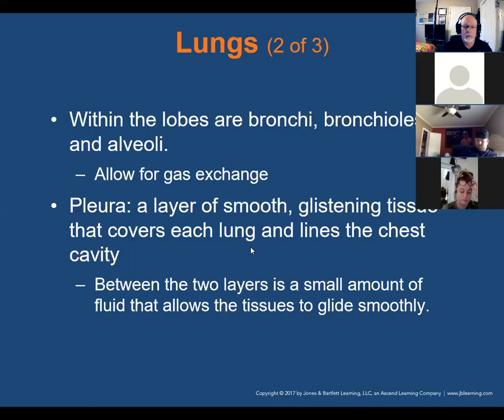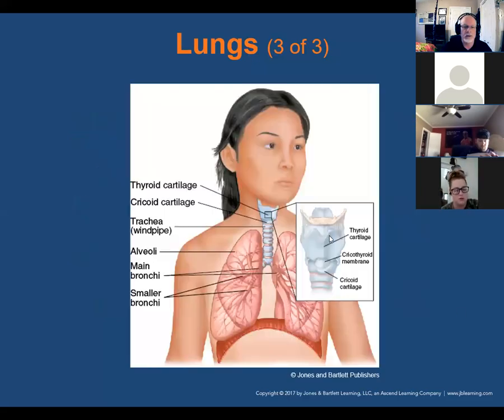We have parietal pleura that lines the thoracic cavity, and then stuck to the surface of the lungs is visceral pleura, and there's a little bit of pleural fluid between the parietal pleura and the visceral pleura, and that forms a smooth gliding surface as the lungs inflate and deflate. So we don't want to rub a hole in a lung. That gives us a whole problem that we don't want to have. Okay.